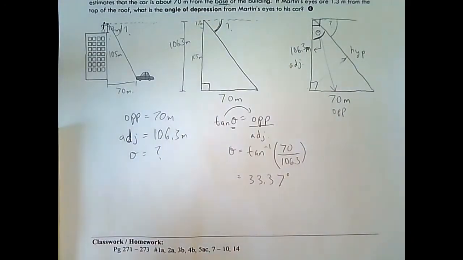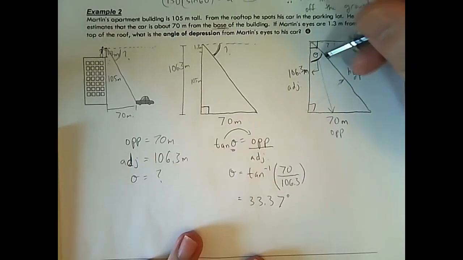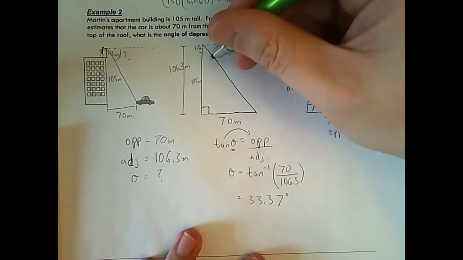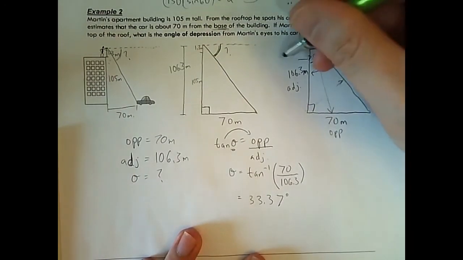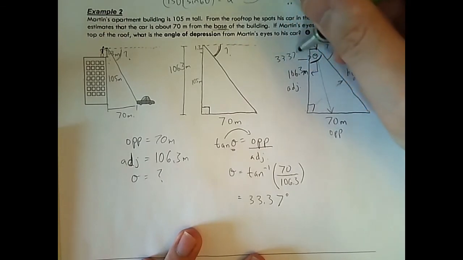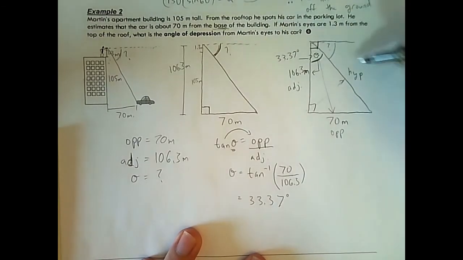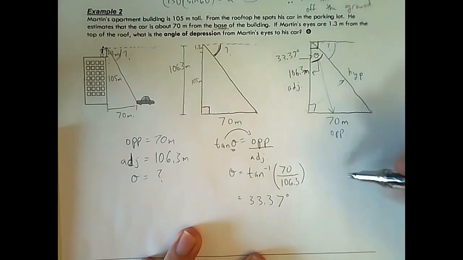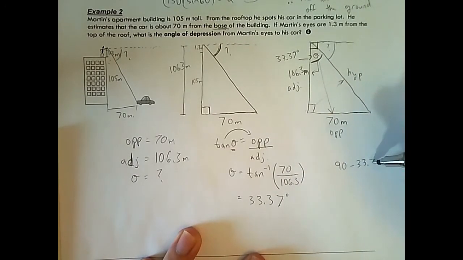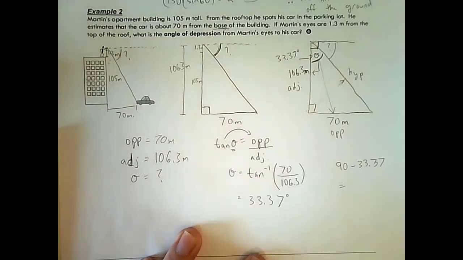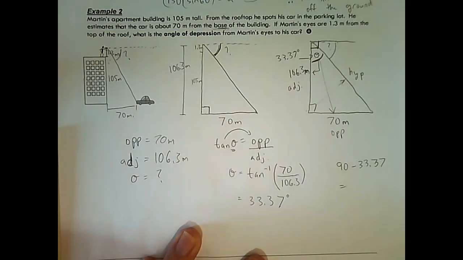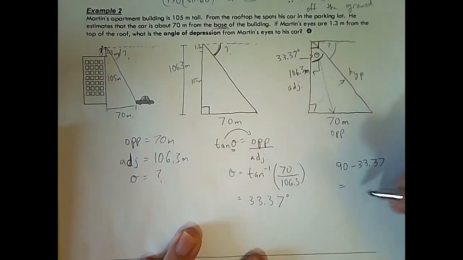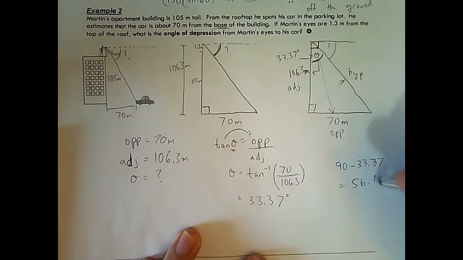So I figured out that this angle here is going to be 33.37 degrees, which means if I want to find this angle, I just have to do 90 minus that, and I get this.